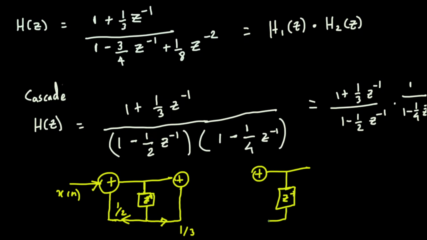Since it's a pole, it's going to take the opposite sign. It's minus 1 over 4, so we are going to have 1 over 4 here. Okay, and then we connect it with a plus, and this is y of n. This is the second diagram for the second one, and after that we connect them together, and this is the cascade.